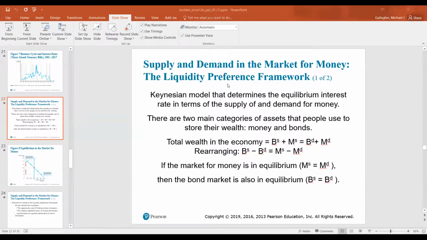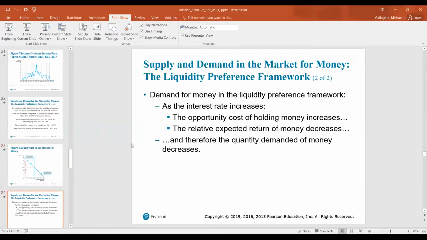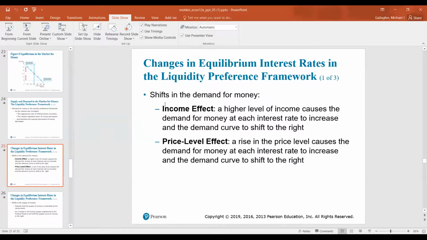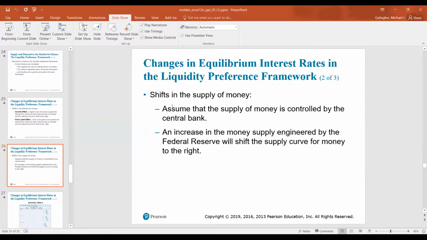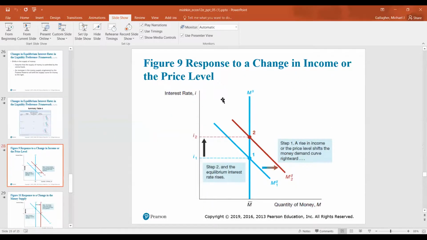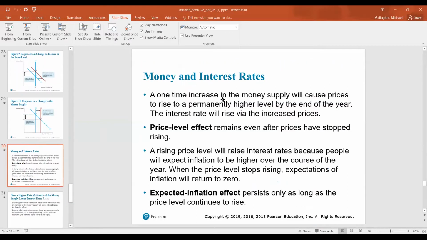We're going to talk about the demand for money and the supply of money, how they affect the interest rates through the liquidity preference framework, and how money and interest rates work.